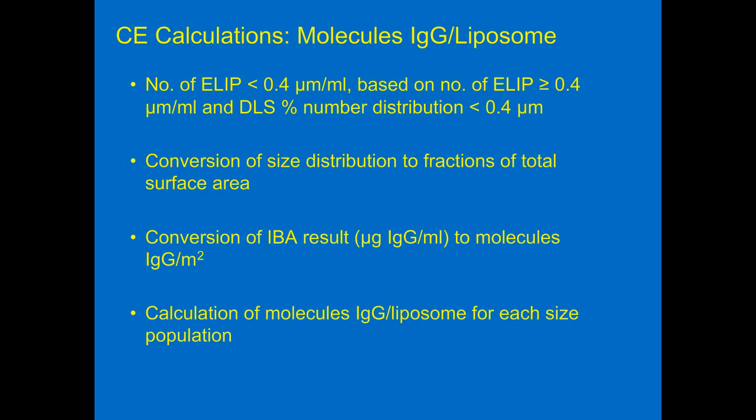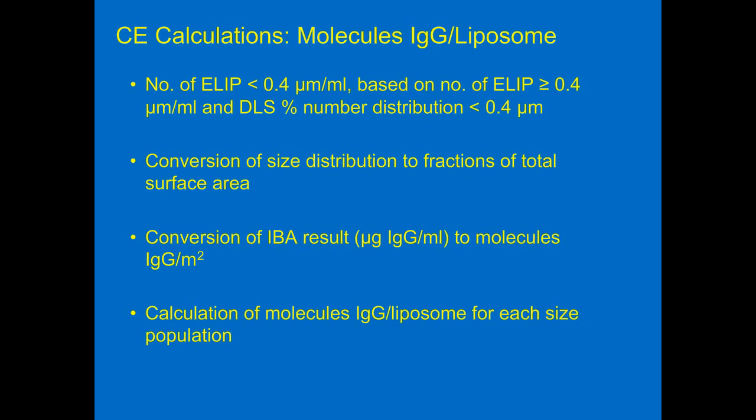Now, the reason we do this, we're mainly interested in the larger population, because in terms of echogenicity and drug loading, that is the population that is most useful. But we need to know how much of the antibody or the ligand is conjugated to the smaller liposomes so that we get an accurate conjugation efficiency for the population of interest.